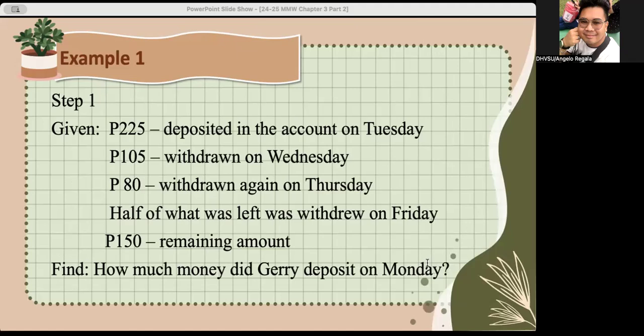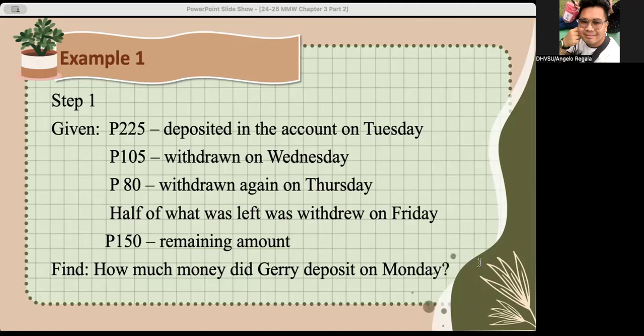So ang tanong is, how much money did Jerry deposit last Monday? So magkano yung pera niyang nilagay sa bangko bago nangyari itong mga to? So in this strategy, we can do the working backward process. It means that we start with what was left, which is 150, then going back hanggang sa marating natin yung Monday.